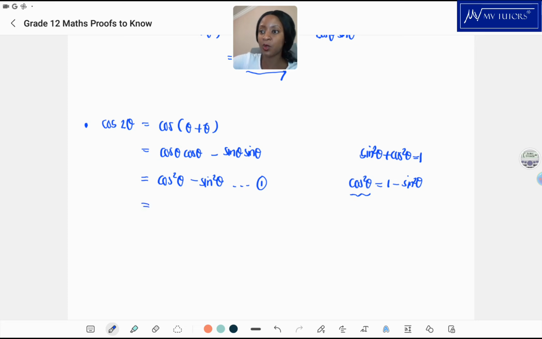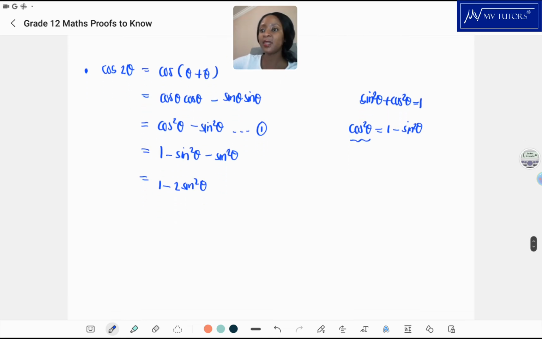Cos squared theta is equal to 1 minus sine squared theta. And you also have that minus sine squared theta. So if you were to simplify it, I would have 1 minus 2 sine squared theta. And that would be the second option for the double angle of cos.